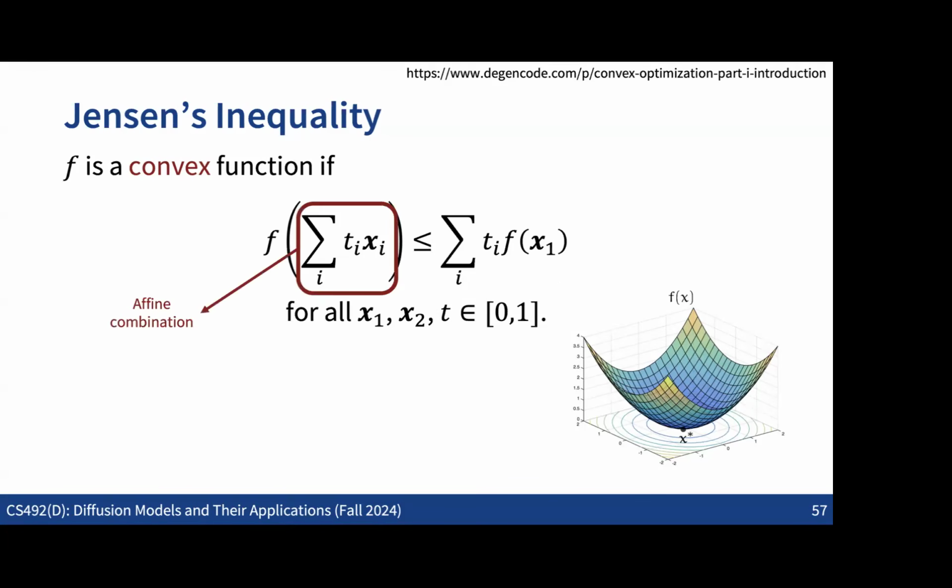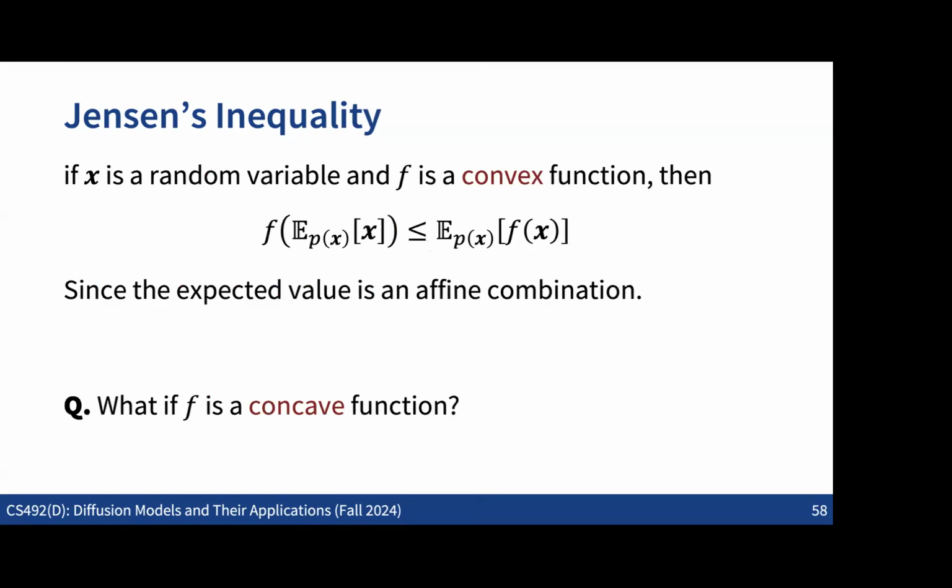Based on this, we can also see that taking the expected value is the same as taking an affine combination, because the weights become the probabilities. Probability is a non-negative value, and we know that the sum of the probabilities is also 1. So taking the expected value is taking an affine combination.